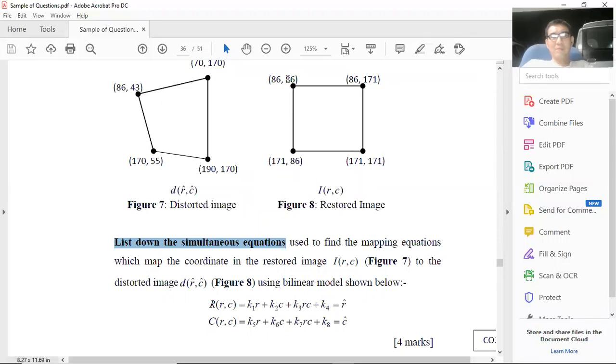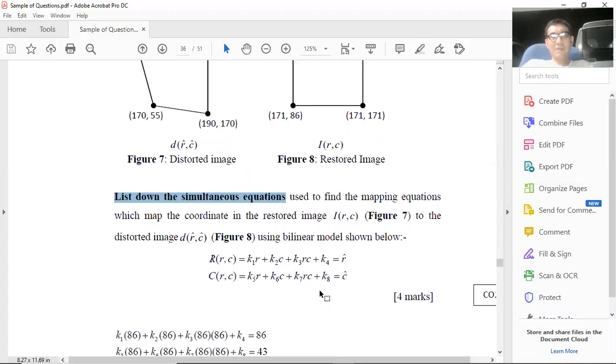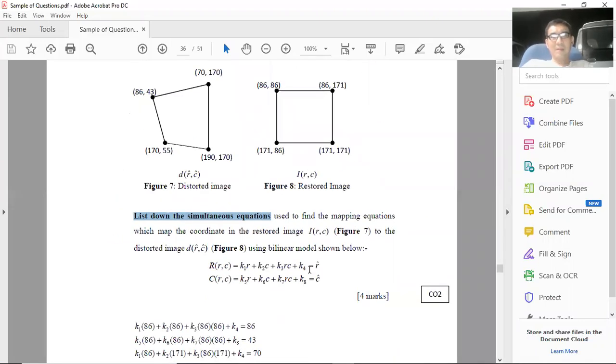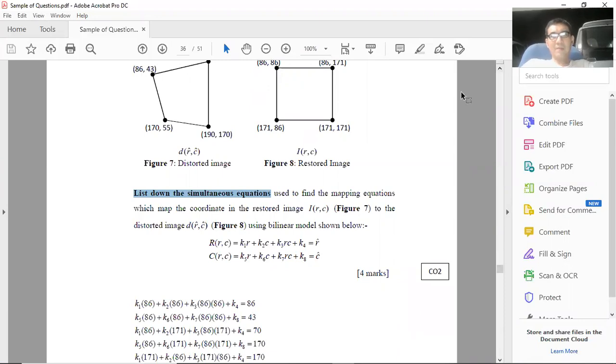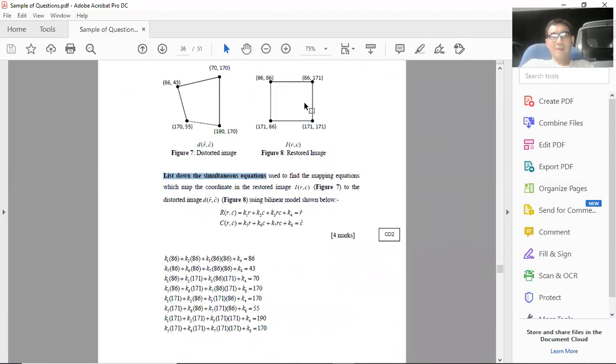So 1 tie point gives you 1 pair of equations for R prime and C prime. So the first one, we look at this, the R prime, C prime is 86, 43, and the R and C is this, 86, 86. And then the second one, the R prime, C prime is 170, 170, mapped to this point, 86, 171.